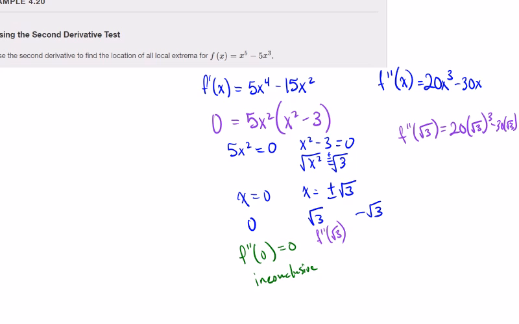But root 3 cubed is going to be 3 root 3, right? So 3 root 3 times 20 is going to be 60 root 3. And then it's minus 30 root 3. And so that'll be positive, right? It'll be positive 30 root 3.